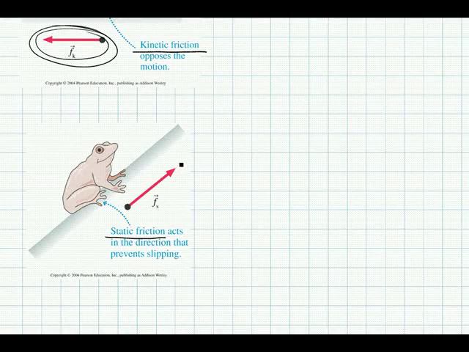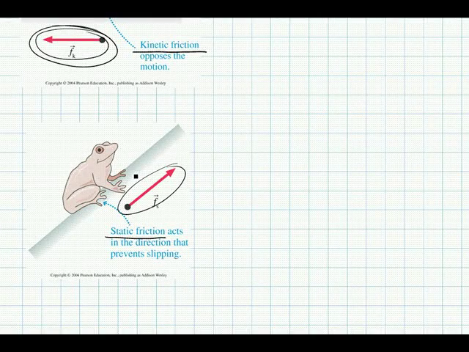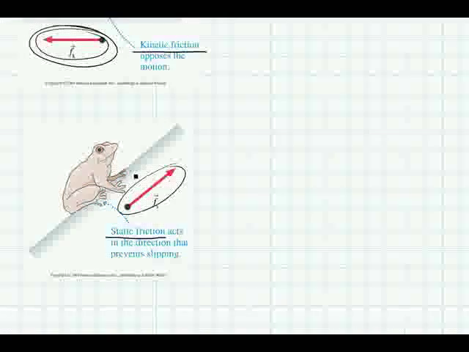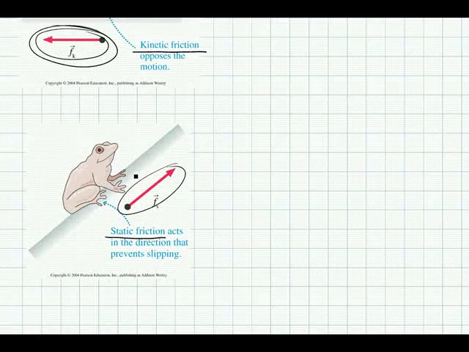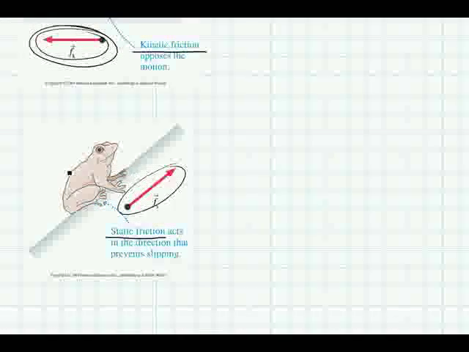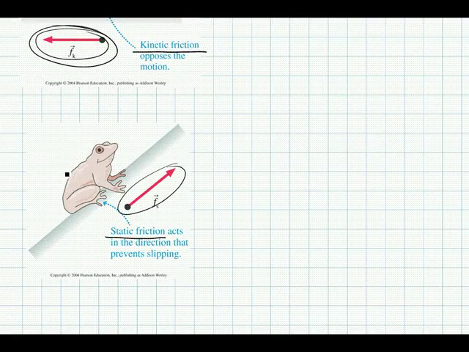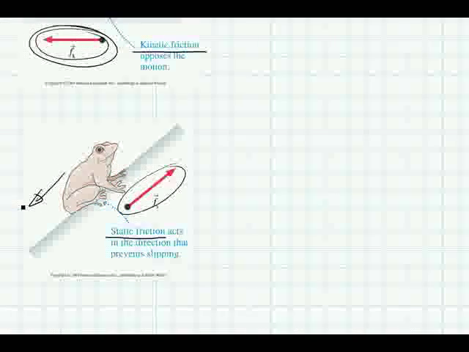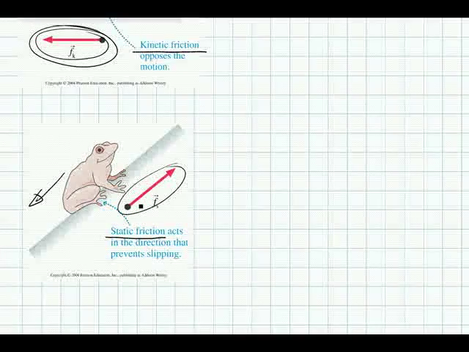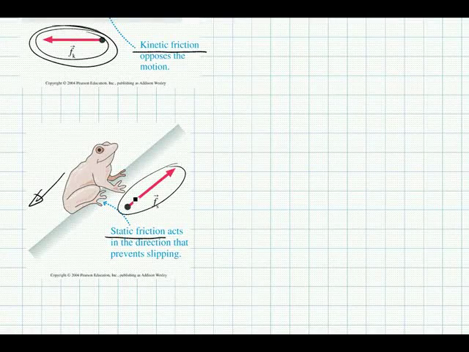Once again, the direction of static friction is in a direction such that it would oppose motion. So here, if there were no friction, the frog would start moving downwards, down the slope. That's why the direction of static friction is the way it is, up the slope.